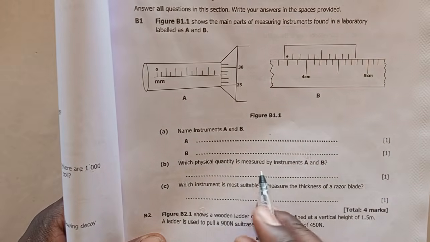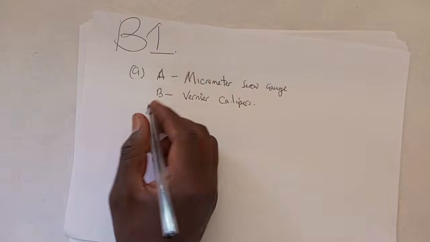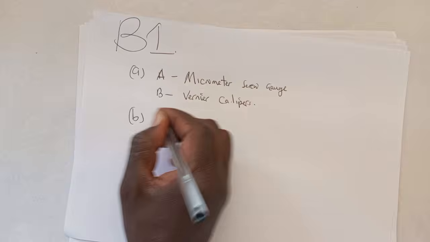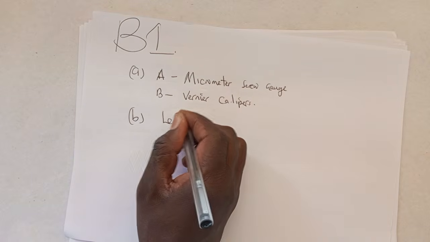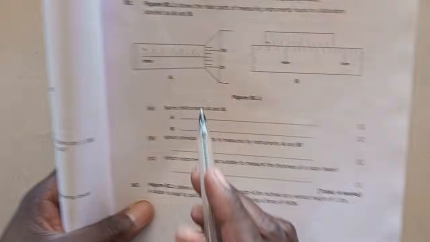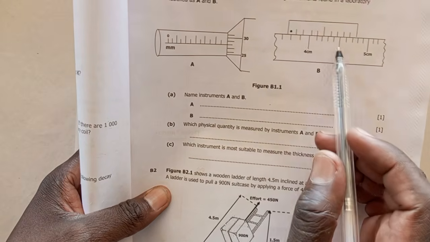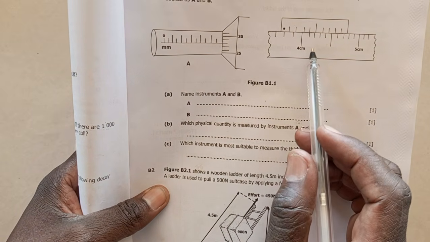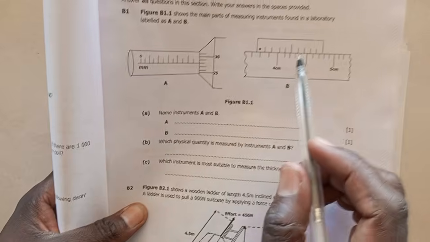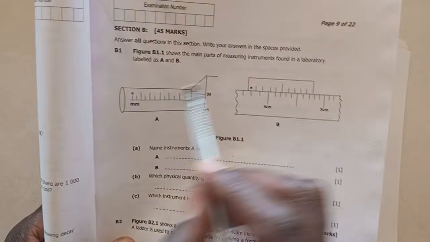The question says, which physical quantity is measured by instruments A and B? Well, it's length, for B it's also length. Some of you may even be tempted to say thickness of hair, internal and external diameters of cylindrical objects. No, please, all that is length.